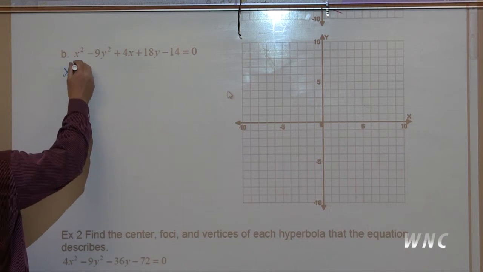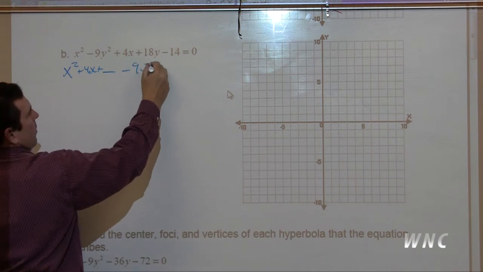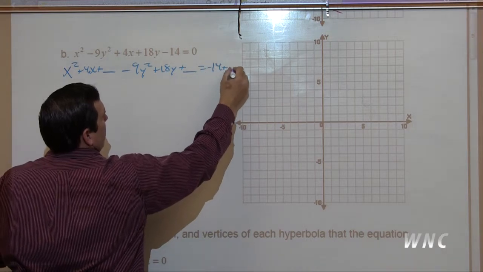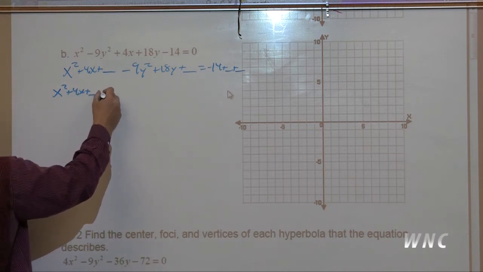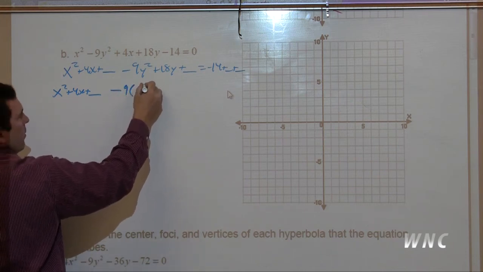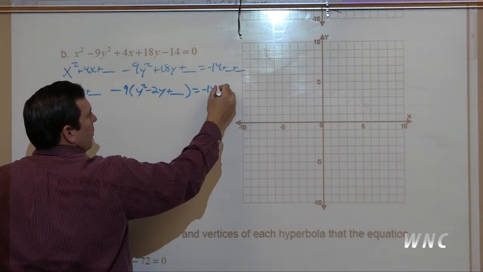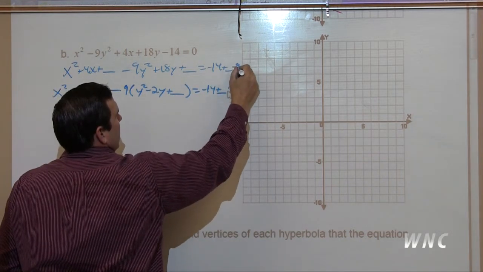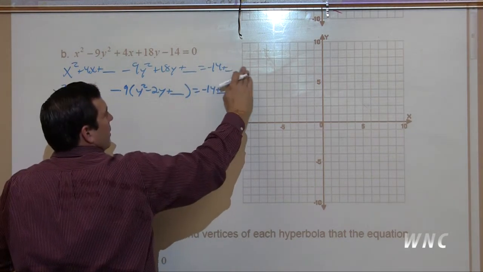It's going to be x squared plus 4x plus blank, minus 9y squared plus 18y, equals 14 plus blank. That's x squared plus 4x plus blank minus 9 times the quantity y squared minus 2y plus blank equals 14 plus the first blank minus 9 times the second blank.